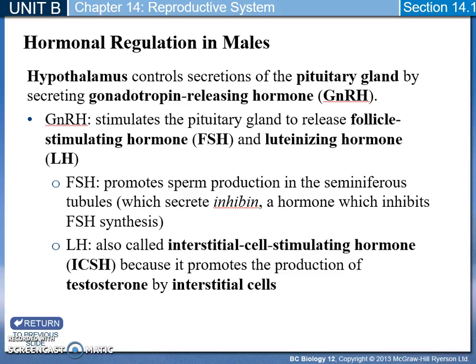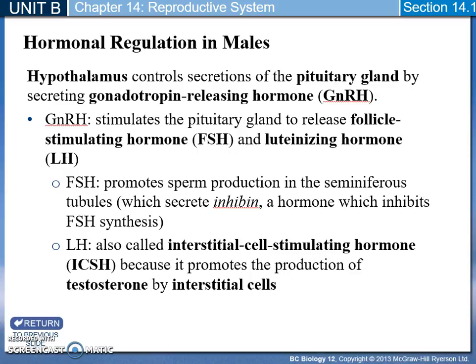For hormonal regulation in males, the hypothalamus controls secretions of the pituitary gland by secreting gonadotropin-releasing hormone. That hormone stimulates the pituitary gland to release follicle-stimulating hormone and luteinizing hormone.